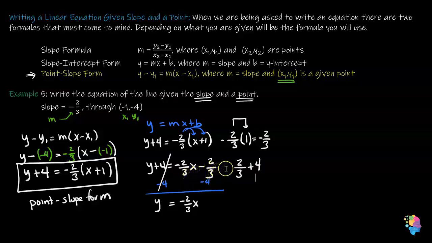Now, I'm going to show you a shortcut on how to add a fraction with a whole number. Very carefully here, we're going to multiply the denominator and then add the numerator.